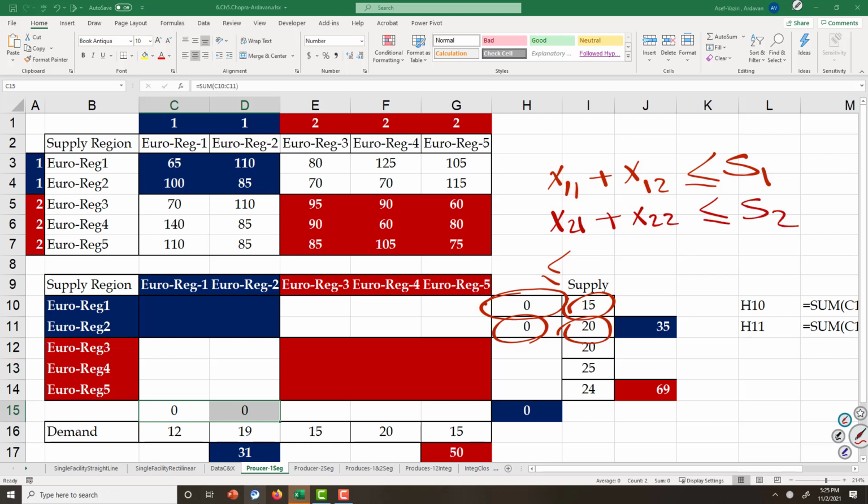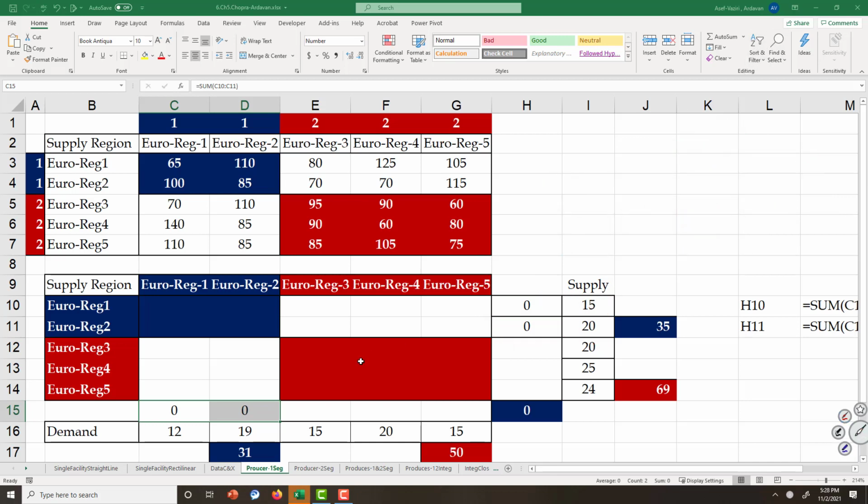Sometimes it is easier for us in future problems to bring S1 to the left-hand side and S2 to the left-hand side. So it would be minus S1. Here would be minus S2. And then we make the right-hand sides 0, less than or equal to 0.